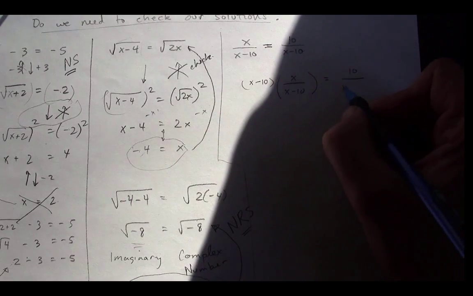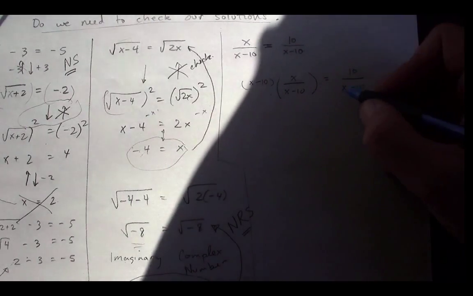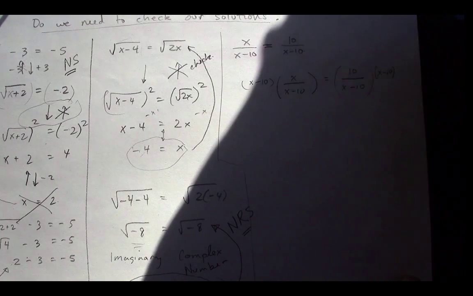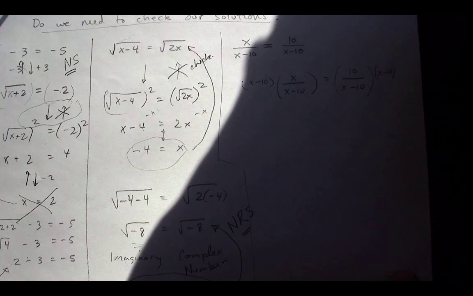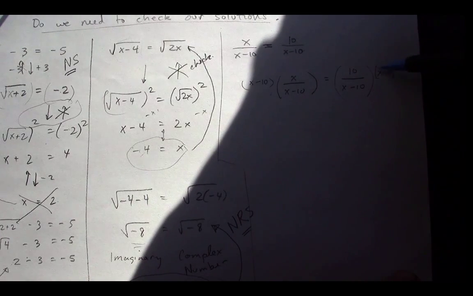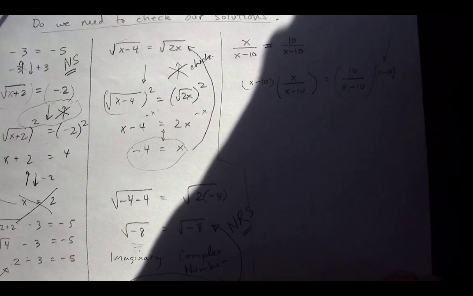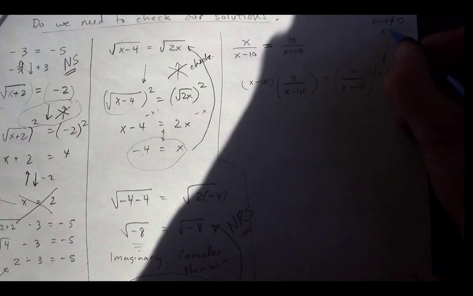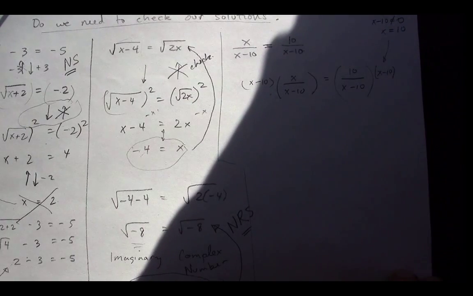Usually multiplying by something is completely reversible. There's only one instance in which multiplying by a number cannot be reversed, and that is when the number is 0. When we're multiplying by a variable, we don't know what this number is. We have to make sure that it is not 0, which means in this case that x cannot be 10.